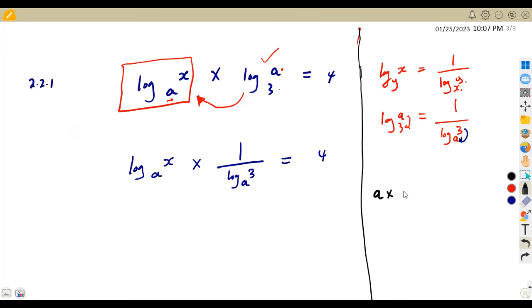A multiplied to 1 over B is equal to A over B. Why? A can be written as A over 1, so it's A times 1, which is A, and 1 times B, which is B. So if you are given this log here, it's the same as over 1.